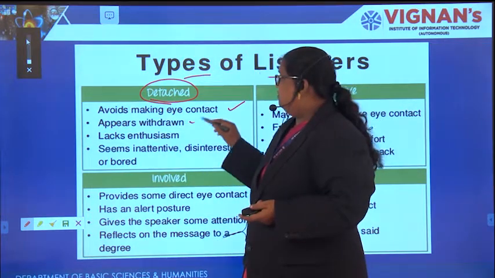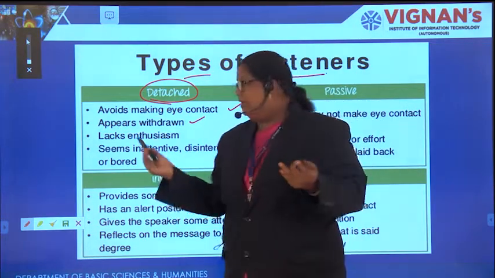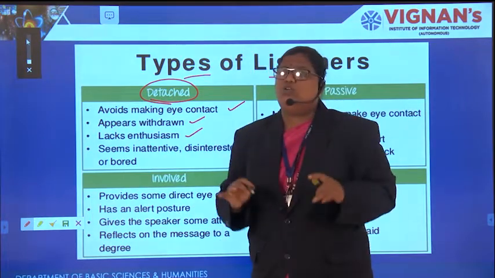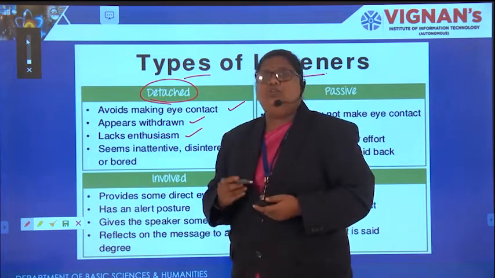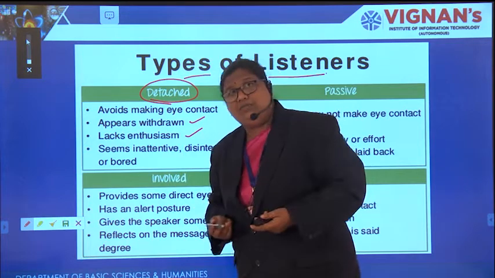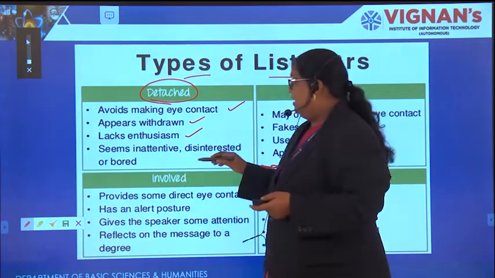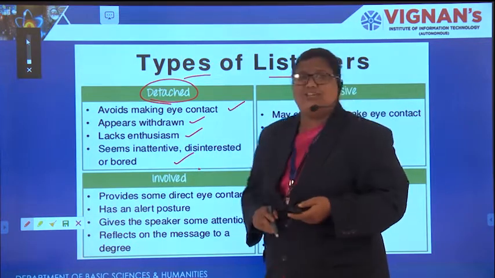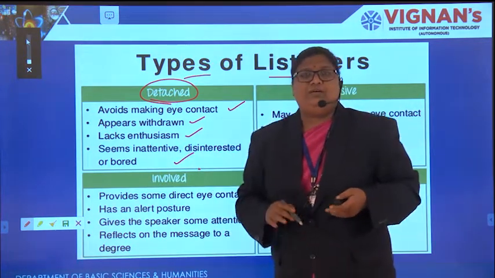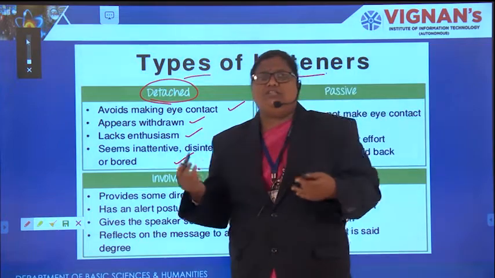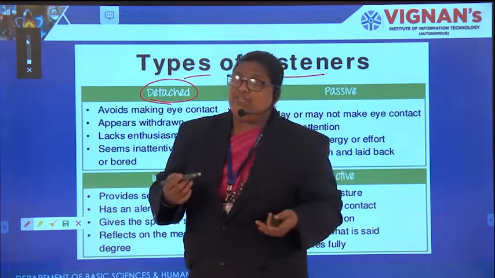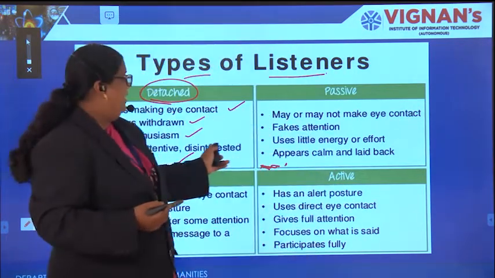Those people look withdrawn and lack enthusiasm. They don't answer any questions. They don't feel comfortable when you ask anything, or they don't give an impression that they're listening, and seem inattentive, disinterested or bored. If you're not interested, how do you give expressions? In the same way, detached listeners will give the expressions.